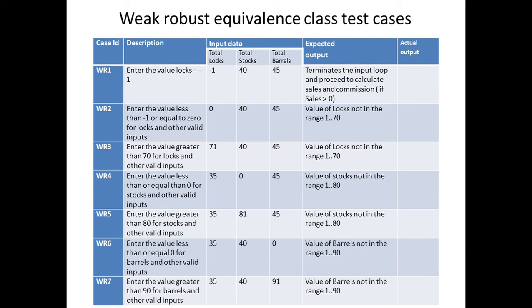Similarly, WR5, WR6, WR7: you have to give a max plus 1 value for locks in one test case, a max plus 1 value for stocks in another test case, and a max plus 1 value for barrels in the third test case.